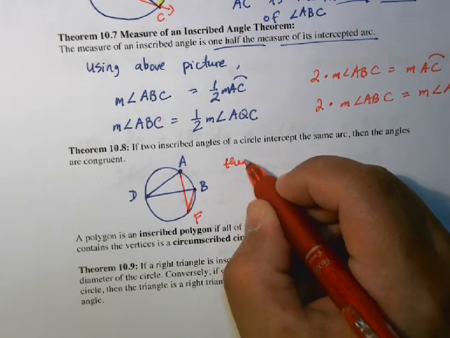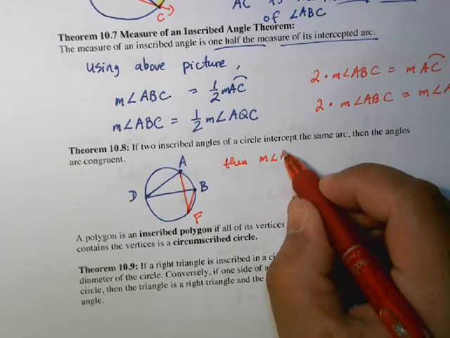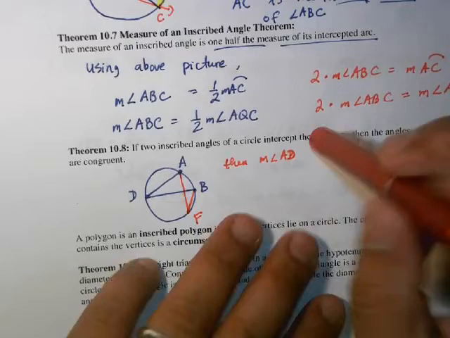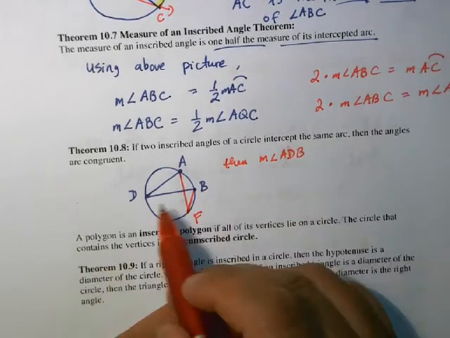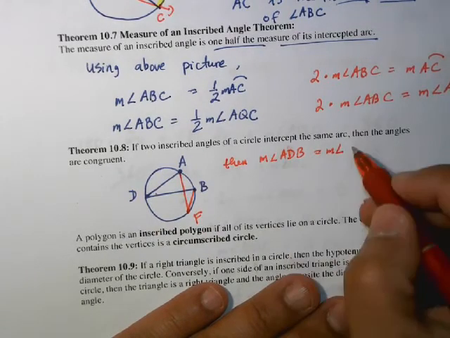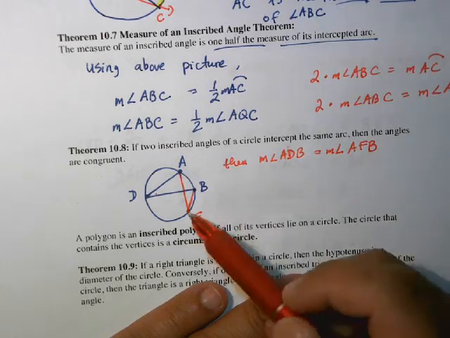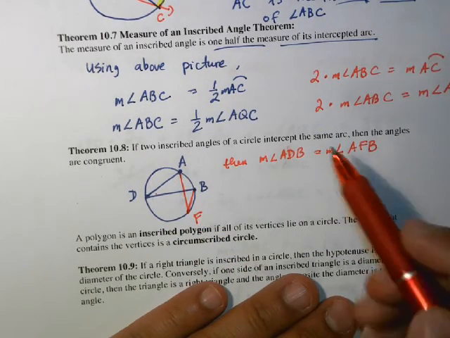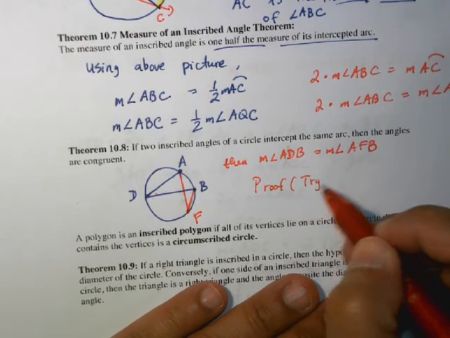So what that says then is that the measure of angle ADB, so this blue one, must be equal to the measure of angle AFB. Okay. So two inscribed angles intercepting the same arc, they have to be equal to each other.